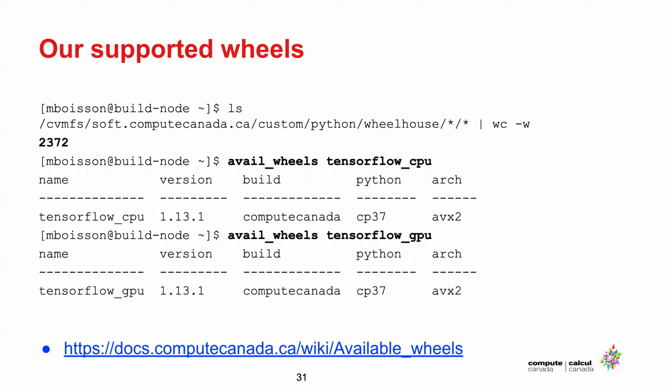We have over 2,000 different wheels, going from TensorFlow that is built for CPU or GPU to things like NumPy, which we will link against our MKL, for example, or h5py, which will be linked against our HDF5 installation. And we will have declinations for the different CPU architectures as well.